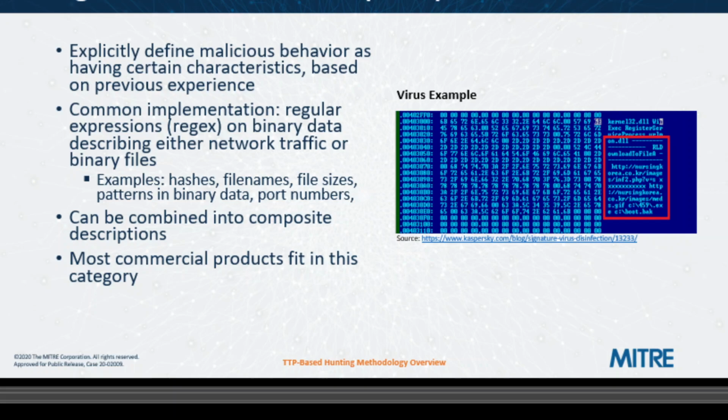In this approach, we reverse engineer known malicious things, whether that's binaries or the domains of command and control servers, and we try to find signatures that characterize those malicious things, but do not also characterize benign things.